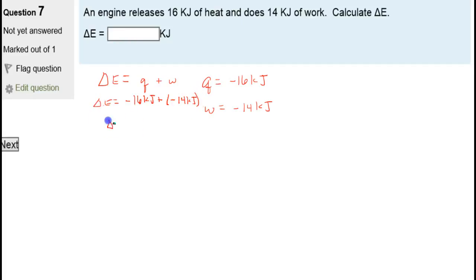If I put this in my calculator, I will get a negative 30 kilojoules. So overall, this system is going to end up releasing 30 kilojoules of energy. So our final answer here will be negative 30. Let's look at the next one.